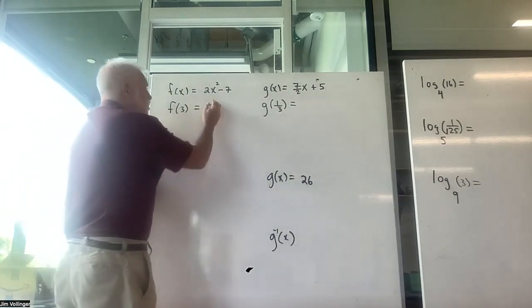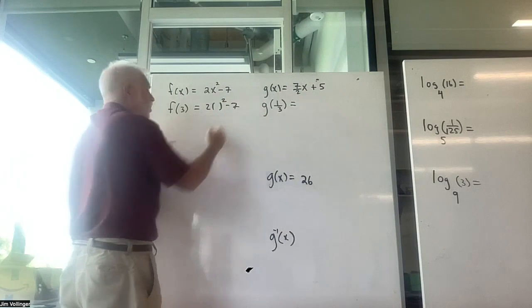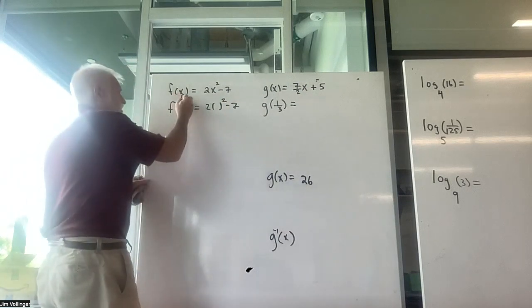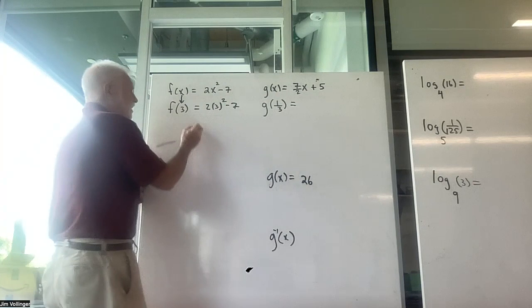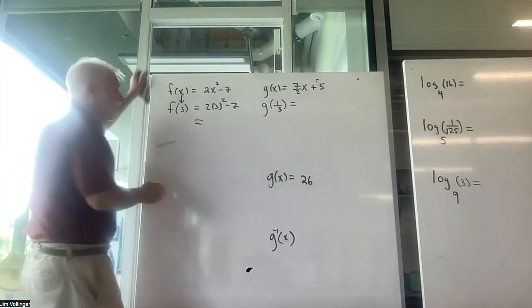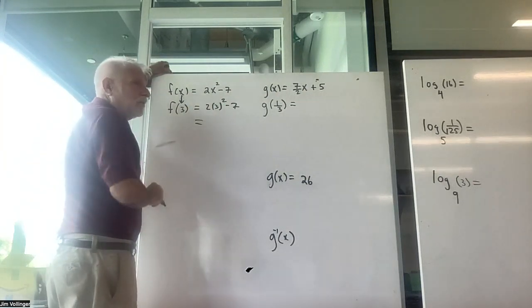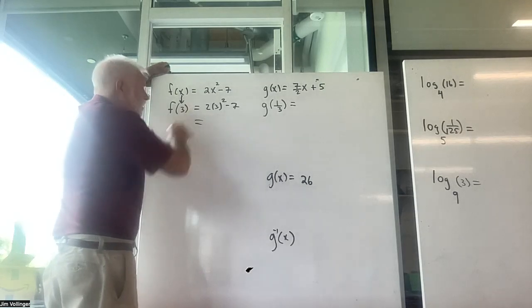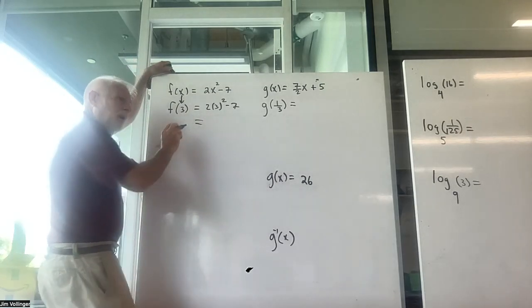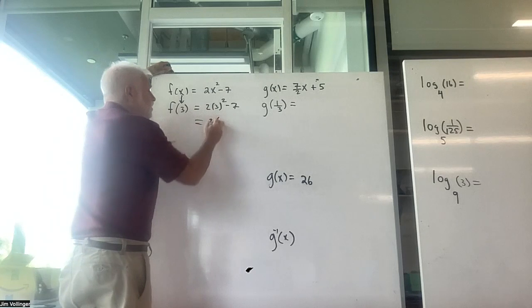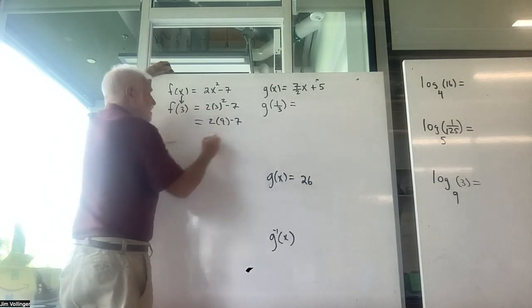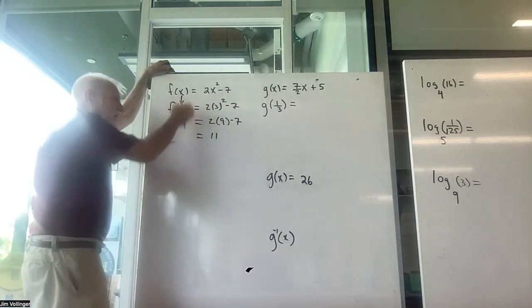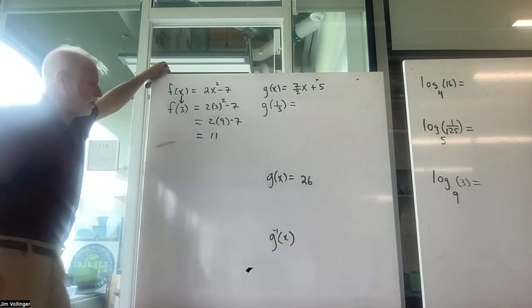So 2 times something squared minus 7. What is that something? I'm telling you that X is 3. Now, hopefully we talked about this in class. Squaring is a more difficult operation. Historically came later than doubling. I'm guessing, but I think it's probably true. So we're looking at 2 times 9 minus 7. 18 minus 7 is 11. You should be lining up your equal signs.